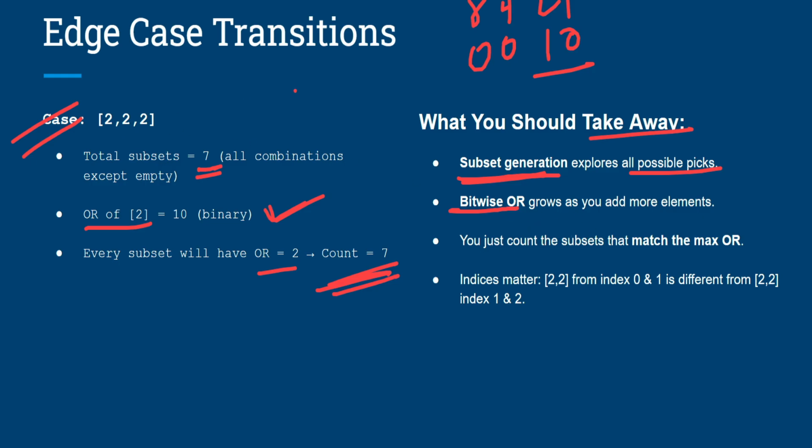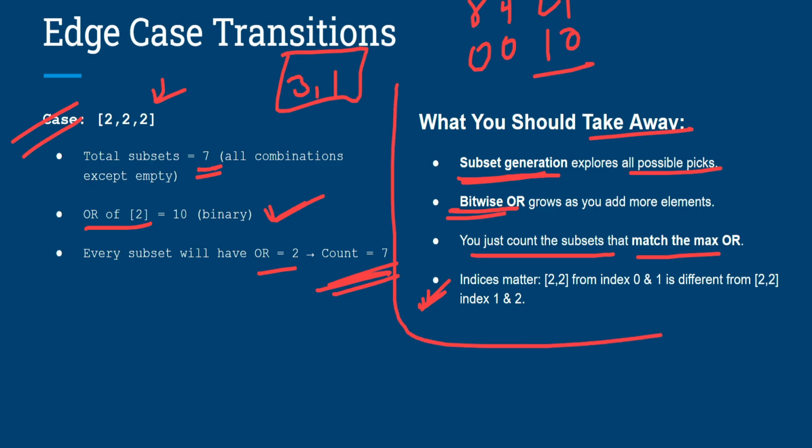As you have seen, we have taken 3 and 1 and are getting only 3, but if you operate on more values, you will get larger values. So the bitwise OR grows as you add more values. Then you count the subsets that match the max OR. And the indices matter, because 2 2 from index 0 1 is different from 2 2 from other indices. So you have to also think about this. This is the takeaway. You should think about this before writing the code.